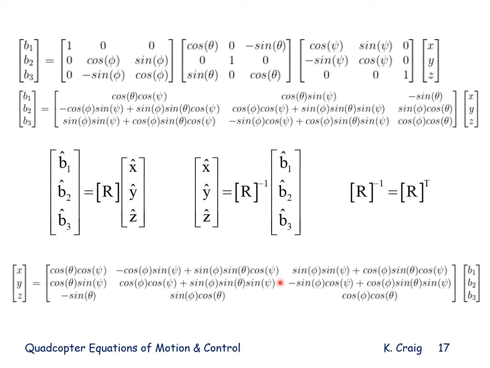This is the transpose of the rotation matrix, which is the same as the inverse of the rotation matrix. And it expresses the unit vectors in the grounded reference frame, I hat, J hat, K hat, in terms of the unit vectors in the body fixed reference frame, here identified as B1, B2, and B3.